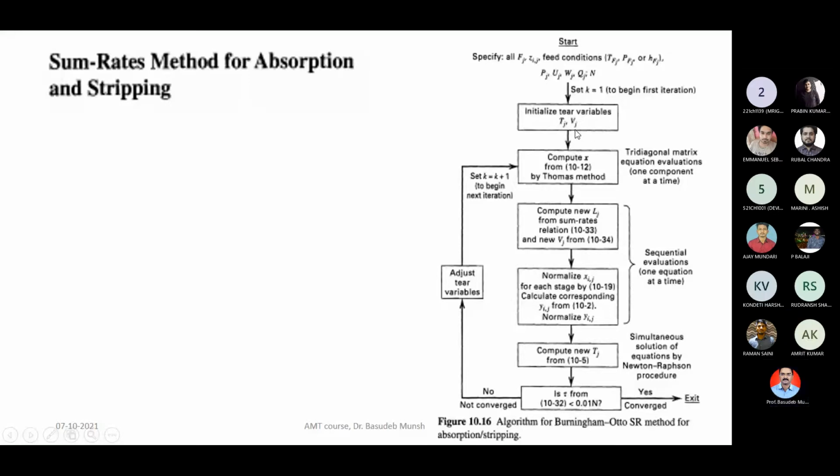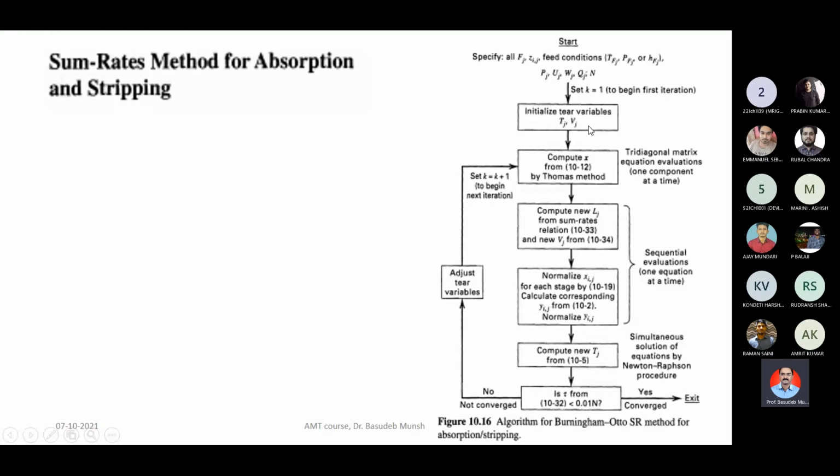So for j equal to 1 to n, you have to guess all the values. In the previous algorithm, in the bubble point algorithm, V1 was specified, but here V1 is not specified. You can see here, so you have to guess also the V1 value, V1, V2 to Vn.